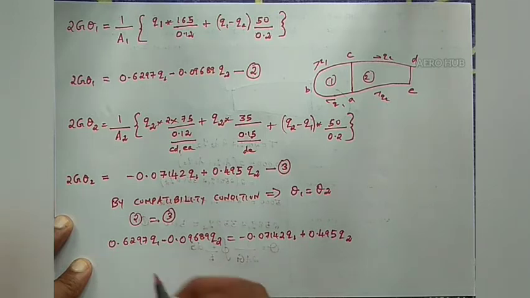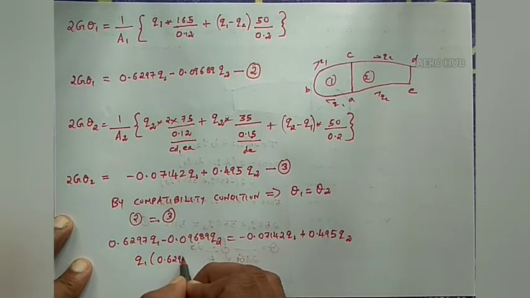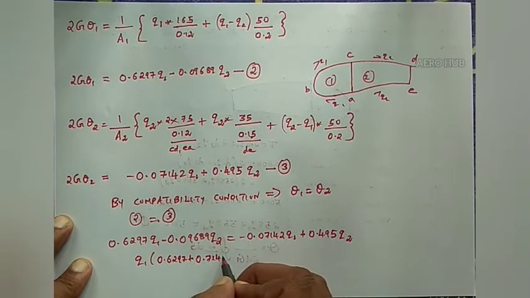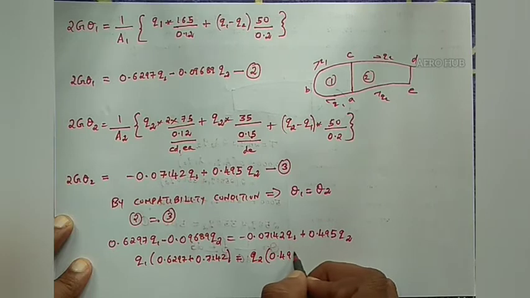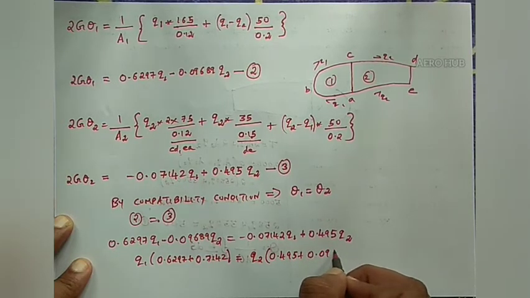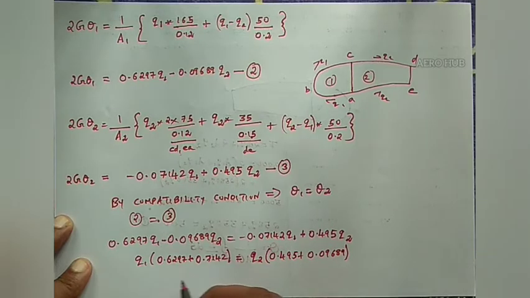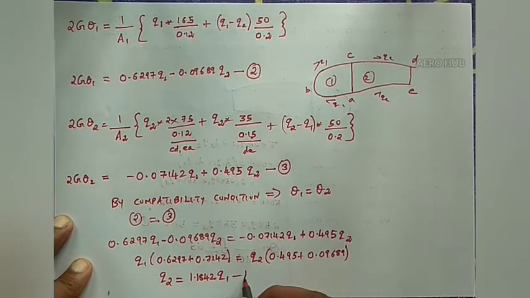So I'll be getting Q1 into 0.6297 plus 0.7142 is equal to Q2 into 0.495 plus 0.09689. Okay. Now I will write Q2 in terms of Q1. So Q2 is equal to 1.1842 Q1. Okay, equation number 4.